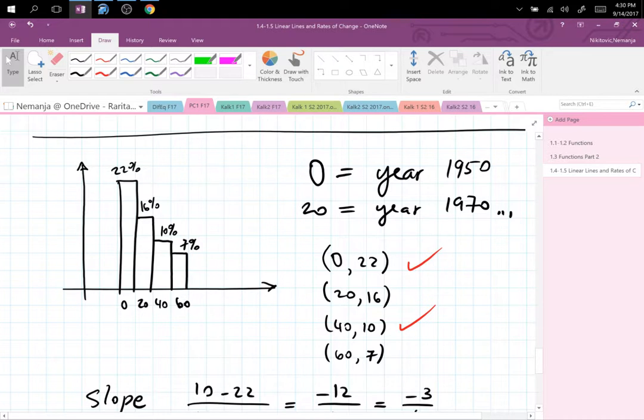Now y was percent, and x was the number of years, so it's percent per number of years. Our slope worked out to be -3/10. -3 means drop 3%, and then you have 10 in the denominator. You call that every 10 years. So our slope of -3/10 has the interpretation that we are going to spend 3% less money on food every 10 years.